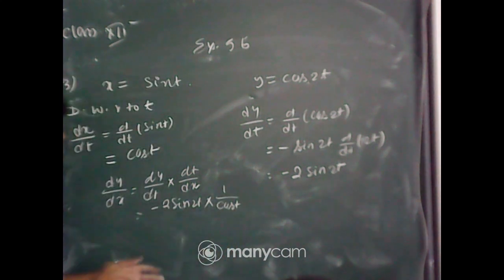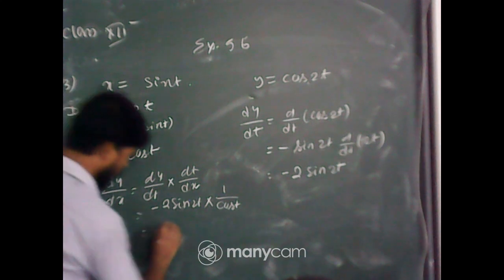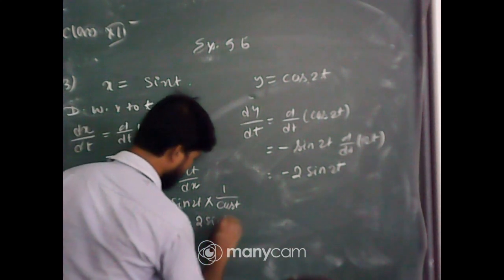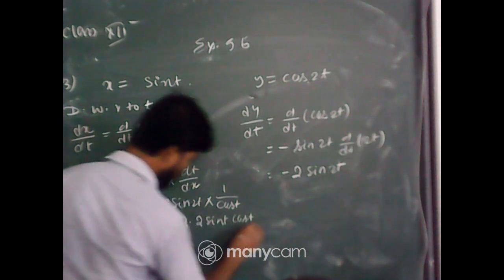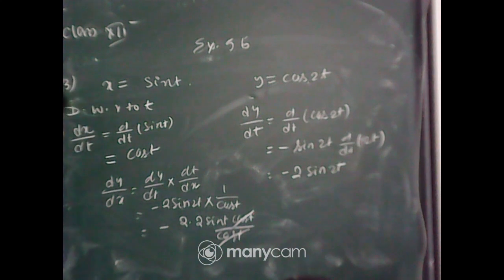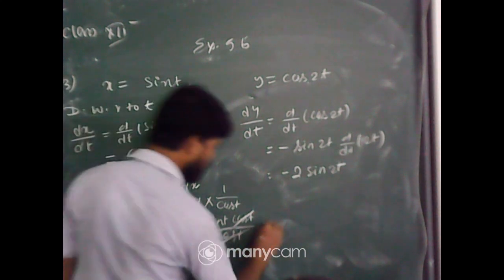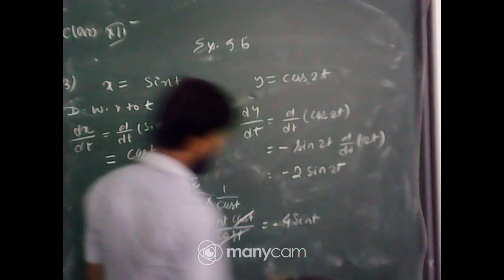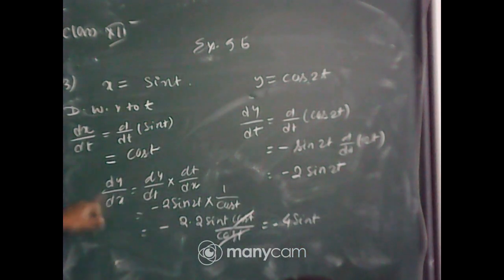You can leave the answer here, or you can expand sin 2t as 2 sin t cos t, so minus 2 into 2 sin t cos t by cos t. So this cos t and cos t will cancel each other. So the final answer will be minus 4 sin t. So dy/dx is equal to minus 4 sin t. This is the answer.